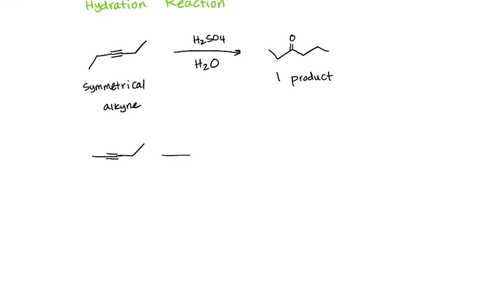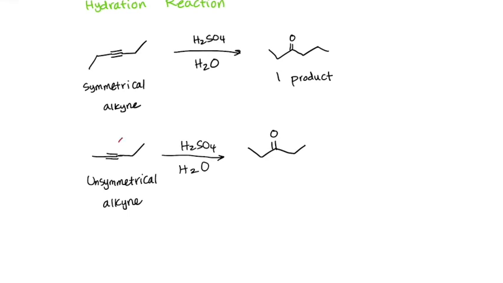So you're going to add H2SO4 and water to this, and since this is an unsymmetrical alkyne, the product would look something like this. That's when the OH attacks this carbon, or you could also attack the other carbon here.